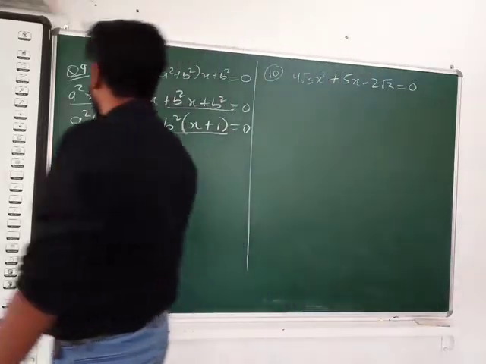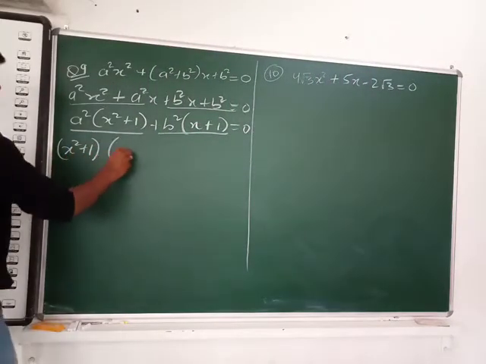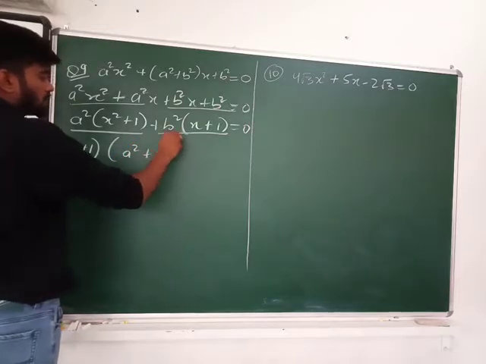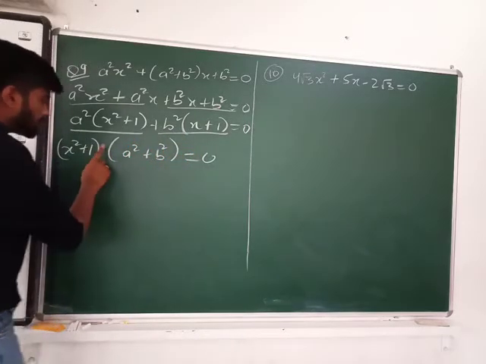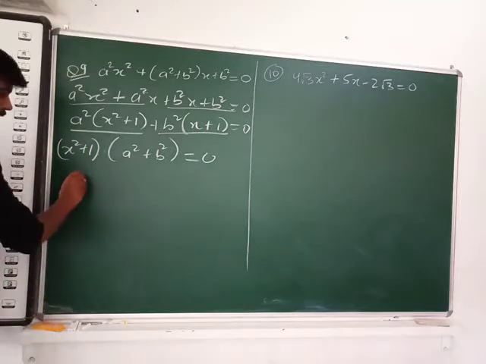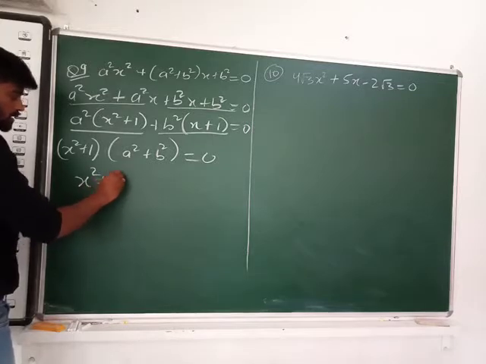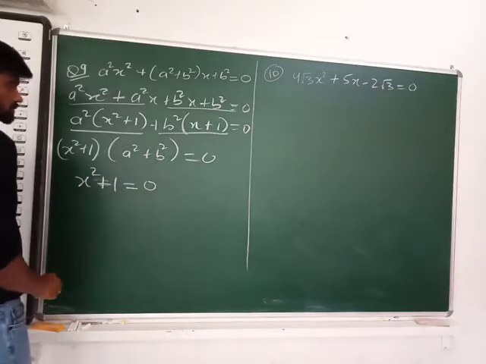So I'm going to take out x square plus 1. So what is left inside? A square plus b square equals to 0. Now there is a multiplication in the middle. Whenever there is a multiplication in the middle, what can I do? I can do x square plus 1 equals to 0.